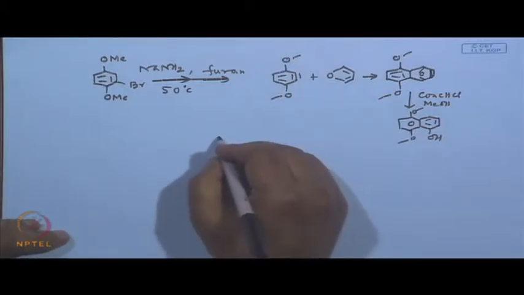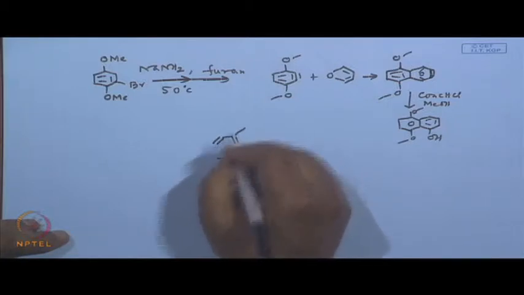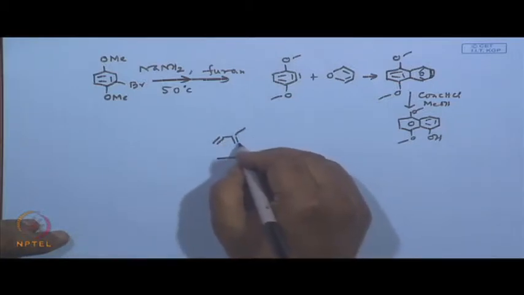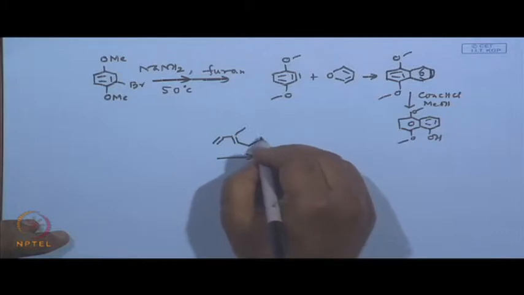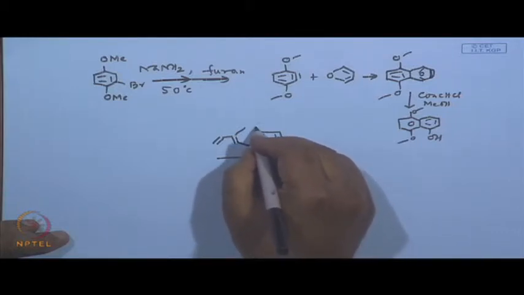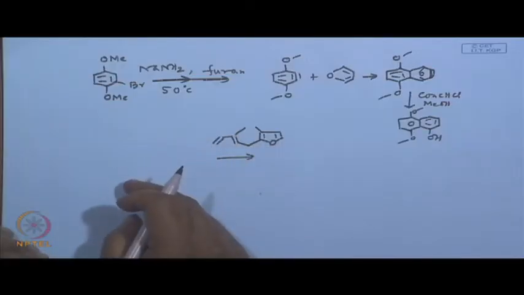For example, you have a regular diene, that means CH2, and then you have a substituted furan. So, that means you have two diene components, furan and the isoprene unit. Between the two, which one is more reactive? That is what you have to see.